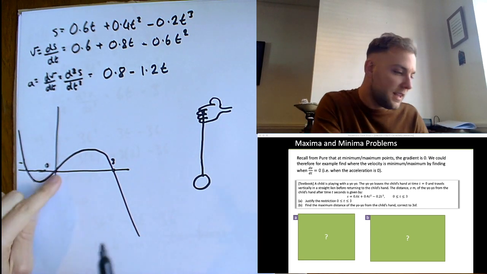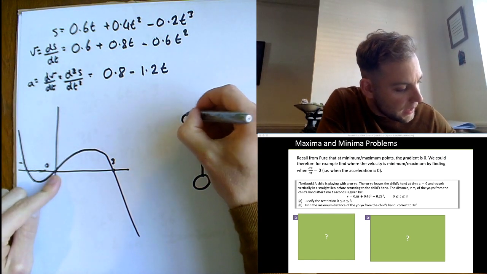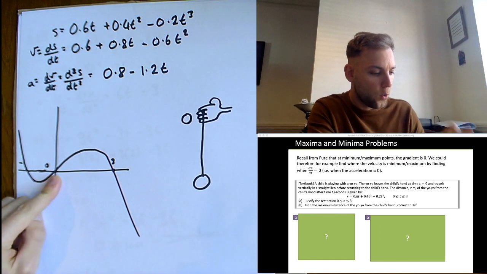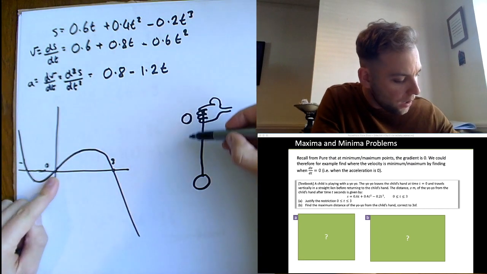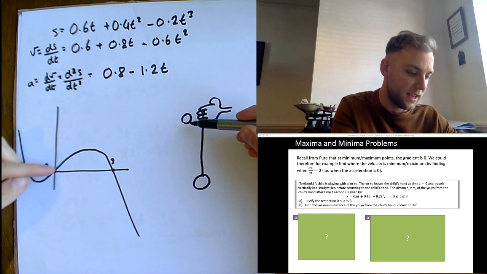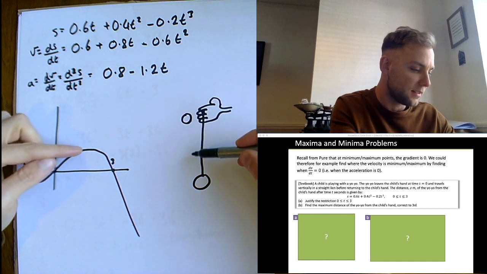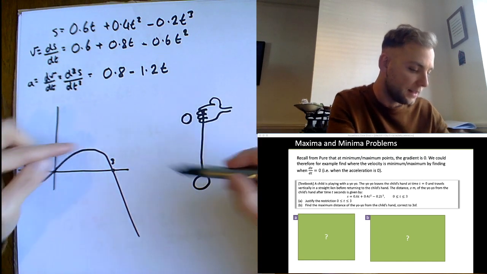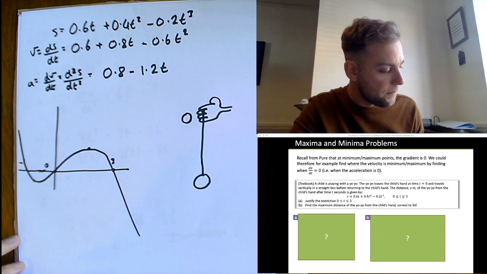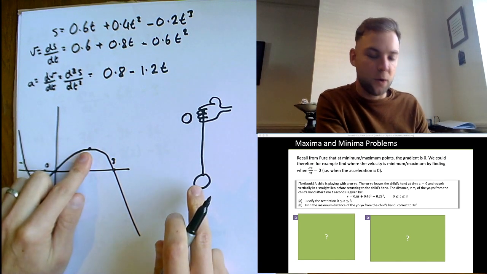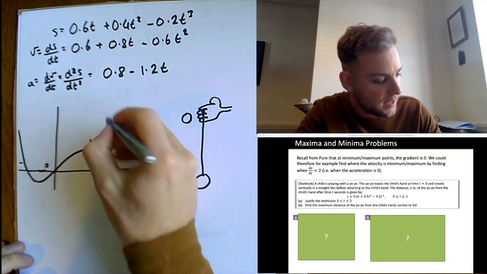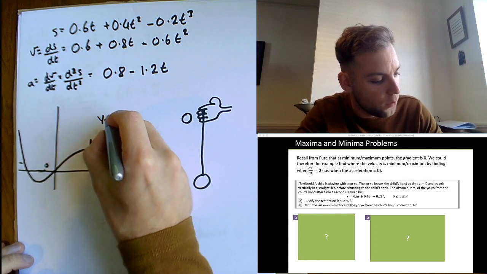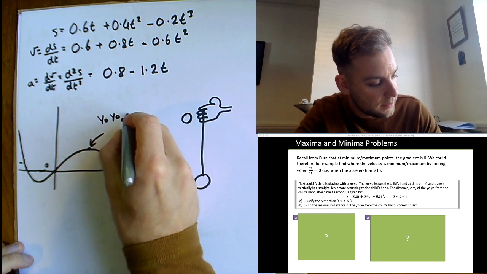So, at t is equal to 0, this yo-yo is leaving his hand. What this is telling me is it's coming down like this as well. So it's getting further away from the hand. At this point here, this is the maximum away from the hand it's going to be. So this here is when the yo-yo is at the bottom.